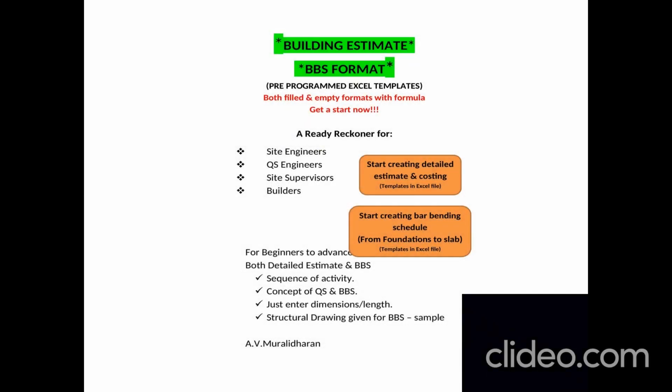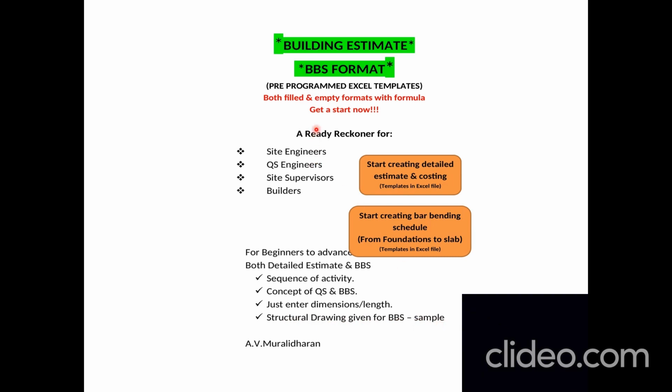What we have seen is the building estimate format and the BBS format, and these are pre-programmed Excel templates, both filled and empty formats with formula. So what you get is empty formats and filled quantities, and along with that, structural drawings given for BBS as a sample.